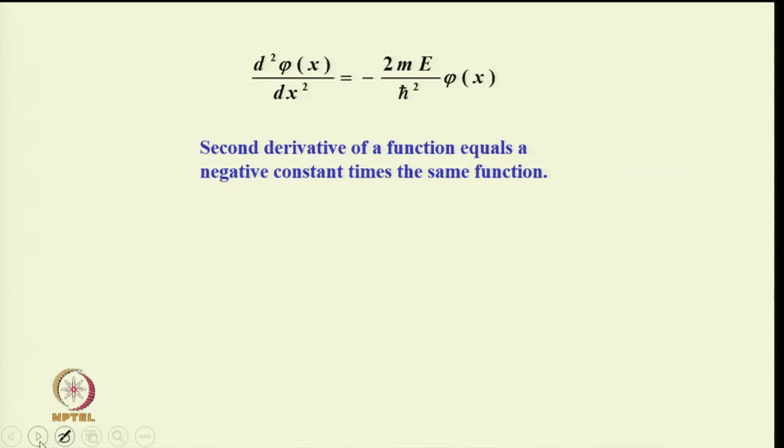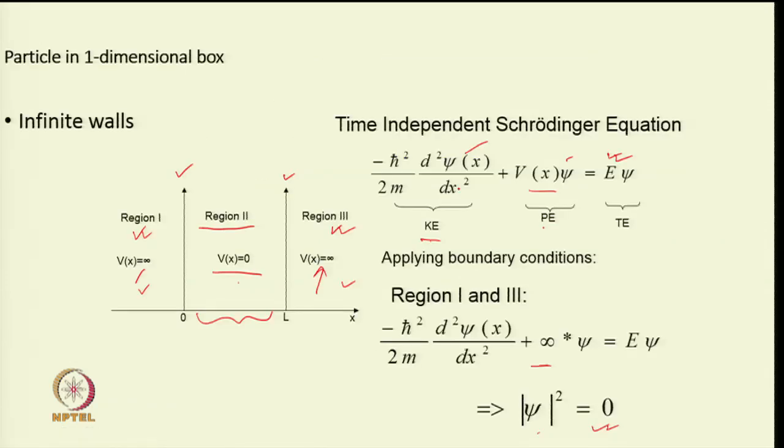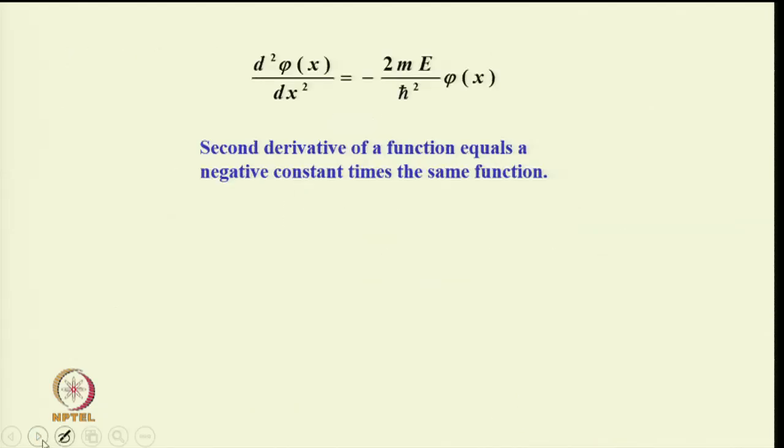Now, let us go back and see what the equation is. Suppose this V is 0, which is in this region, and so what is left is this equal to E psi, and this basically gets a form like this: d2 phi x by dx square is equal to minus 2 m E divided by h cross square into phi x.